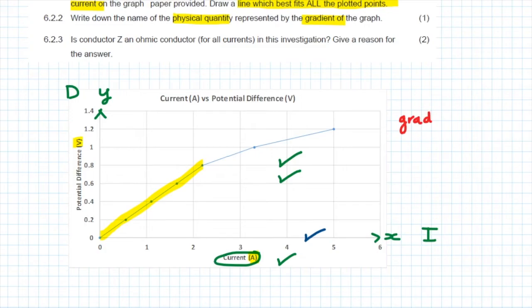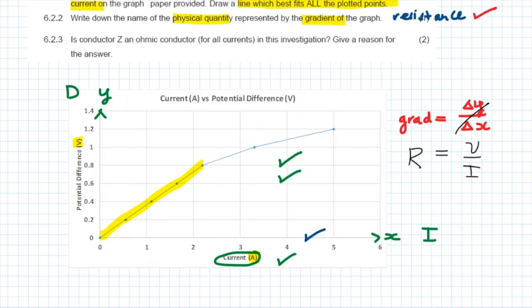Instead, we say grad for gradient is equal to change in the y values divided by change in the x values. In this case, the y values are the potential difference and the x values is the current. We know V divided by I is equal to R, the resistance. So the name of the physical quantity represented by the gradient is the resistance. And for writing this down, you're going to obtain 1 mark.